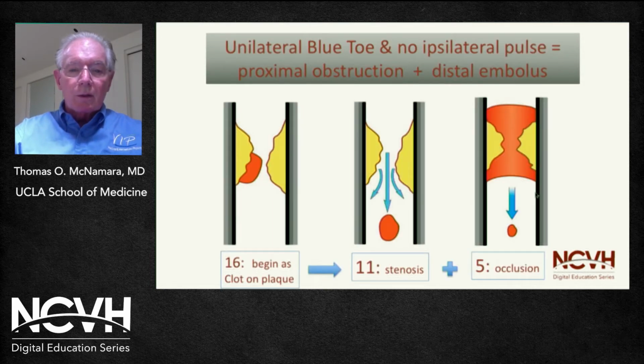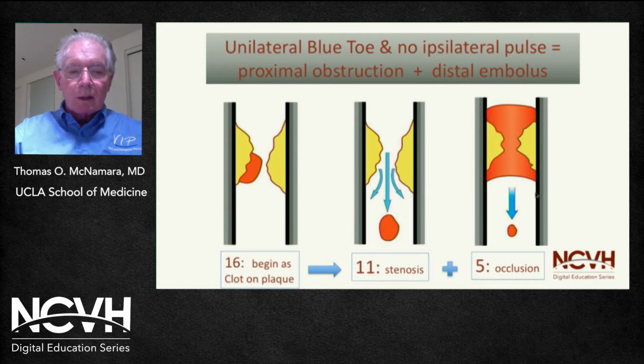The illustration of what my concept is, and what I'll share with you in terms of imaging, is that proximally in these patients, there is an atherosclerotic-induced stenosis, and that the progression of atherosclerosis and further stenosis can result in thrombus. Not every one of those cases goes from the beginning of thrombus to complete occlusion.